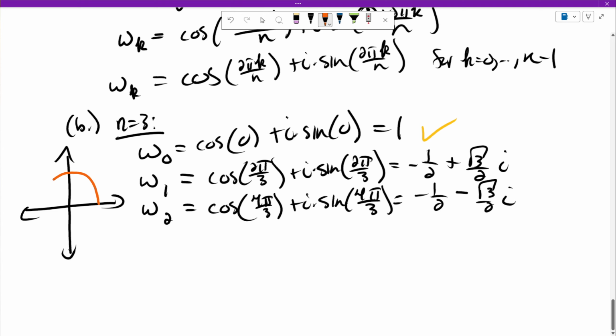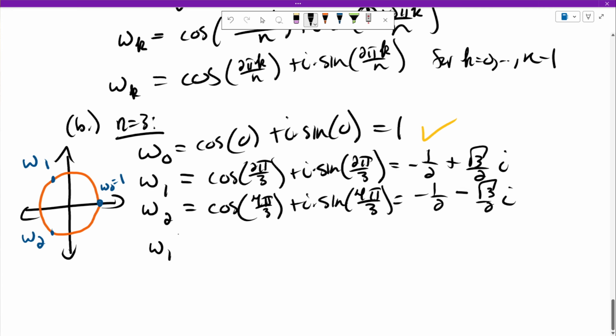Here's our unit circle, where our w's lie. W naught is here. You always have that as a root of 1. And then W1 and W2 are over here. And since they're cube roots of unity, we know that they solve an equation.